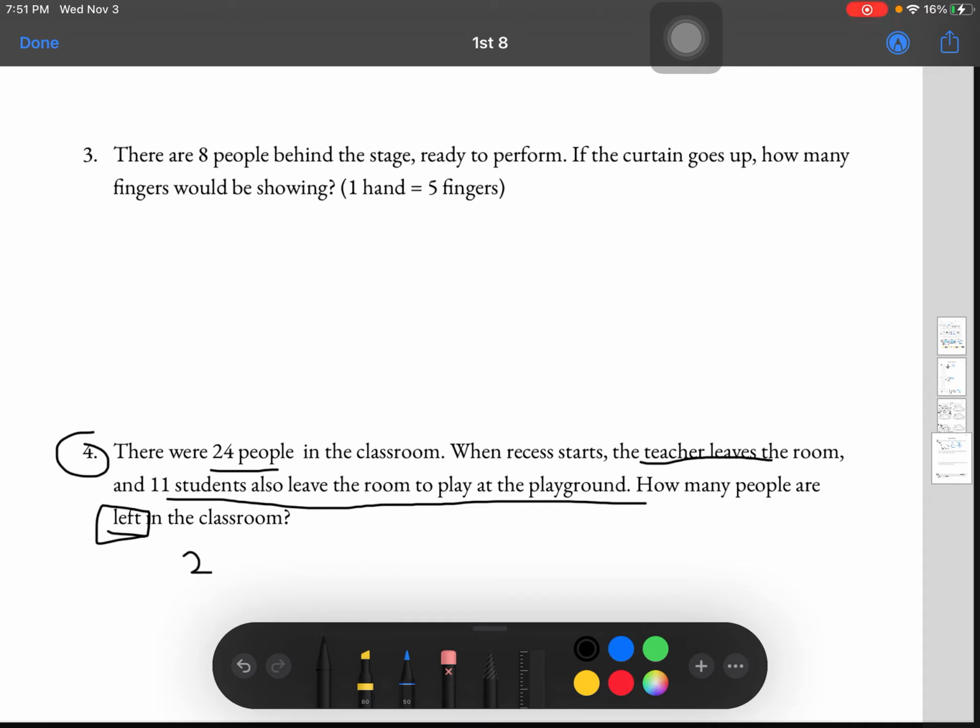So we start with 24, and then we subtract 1 because the teacher leaves, and then we subtract 11 because 11 students leave. First, we do 24 minus 1, which is 23, and 23 minus 11 is 12. So the answer to number 4 is 12 people.